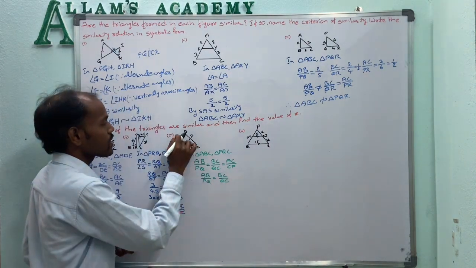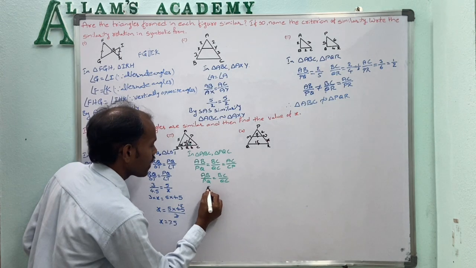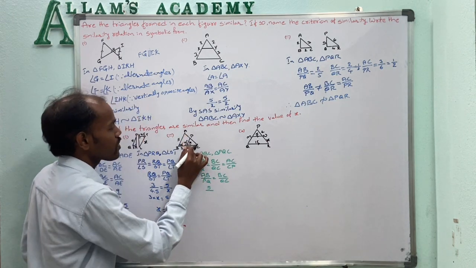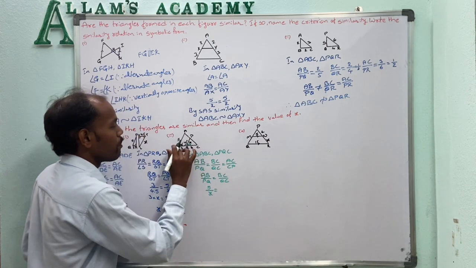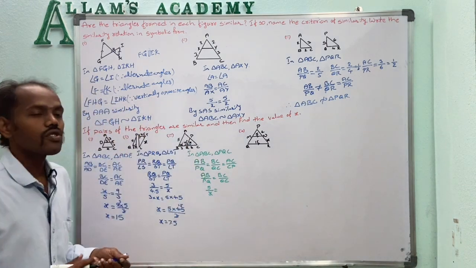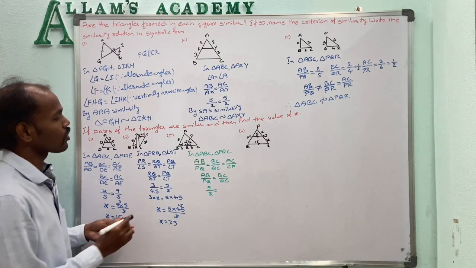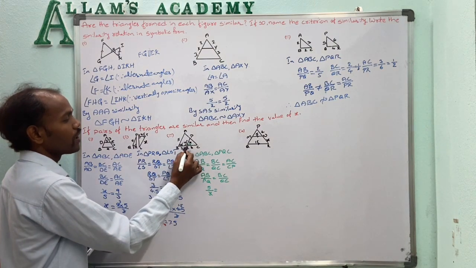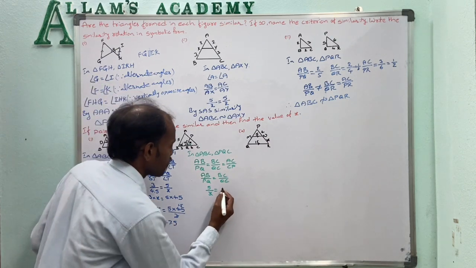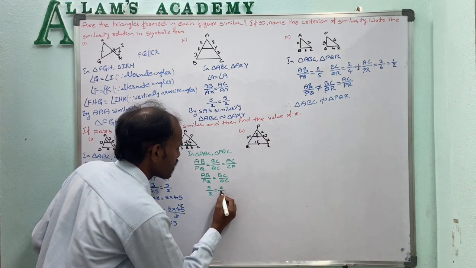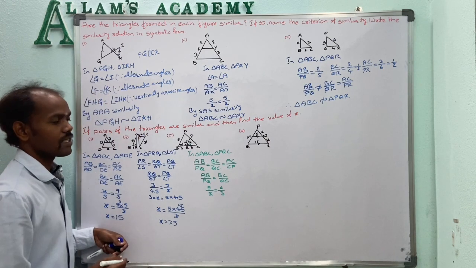Now AB side is 5 given and PQ side is x given, and BC means the total length of BQ plus QC, that is 6, and QC is 3 given.